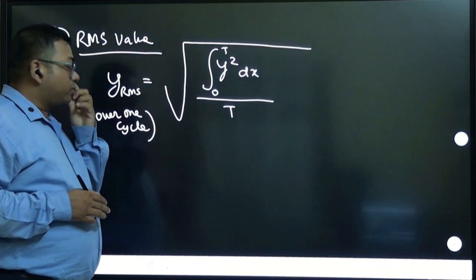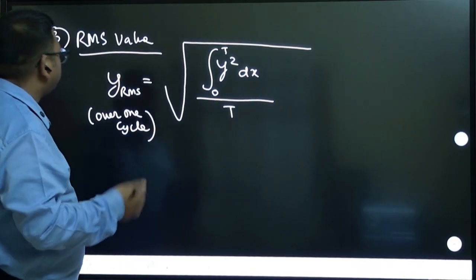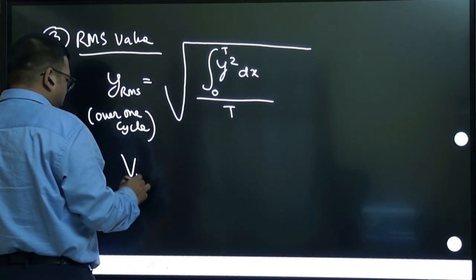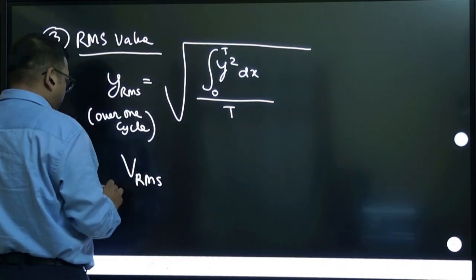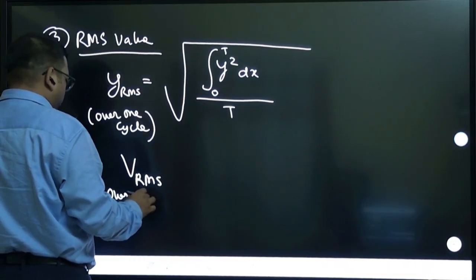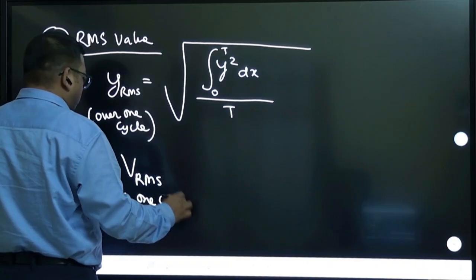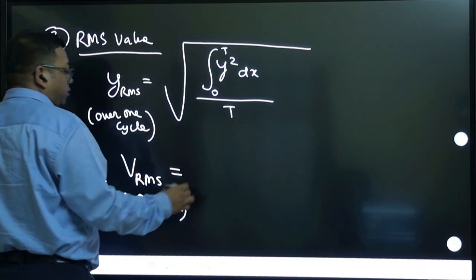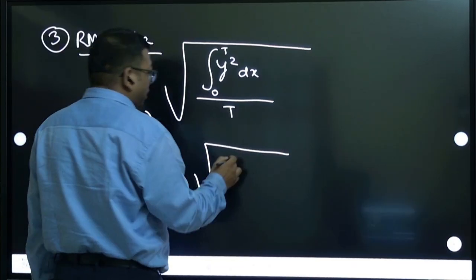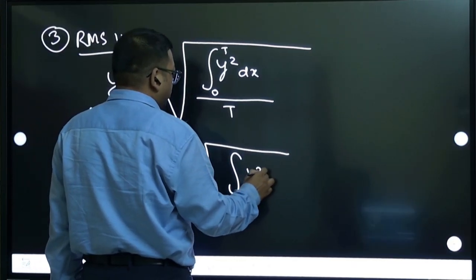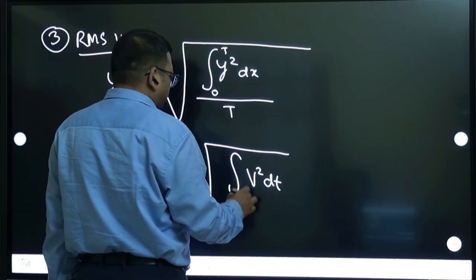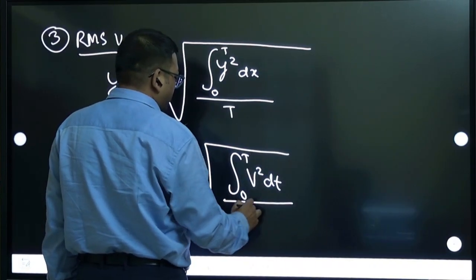So let us calculate V RMS over one cycle: root under the integration of v square dt from 0 to T, divided by the one cycle time T.